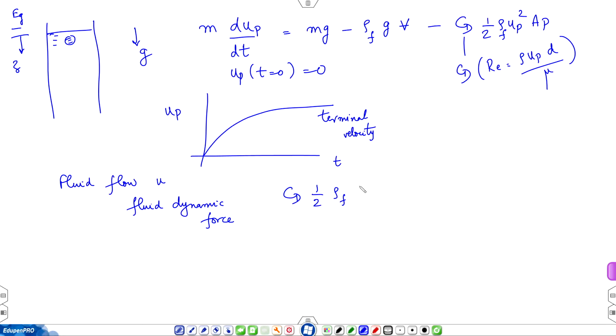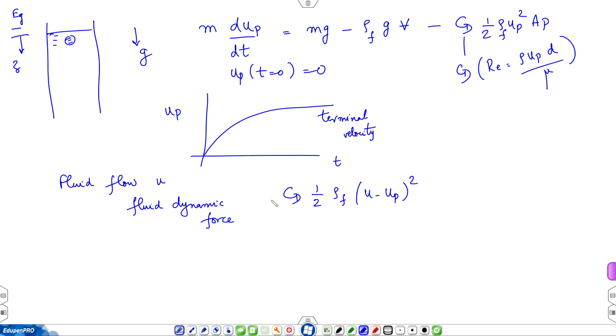So, this will be u minus u p square, and then you will have to assign a symbol either positive or negative. So, if the fluid is very slowly moving, particle is rapidly moving, then the force acting on the particle will be opposed to fluid movement.